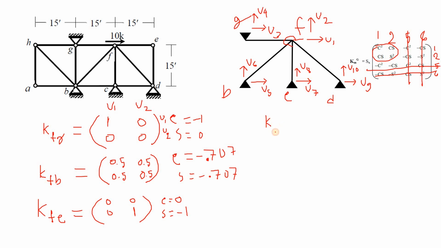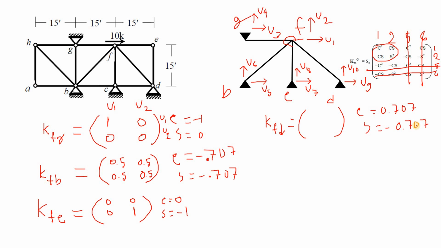KFD equals that. There we go. The 270 plus 45. 270 plus 45 degrees is 315 degrees. So at 315 degrees, cos theta is equal to 0.707, and sine 315 degrees turns out to be negative 0.707.